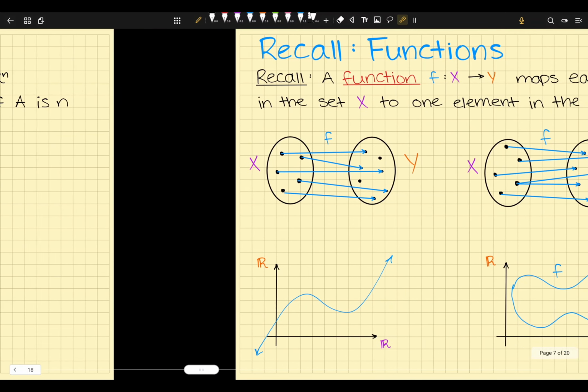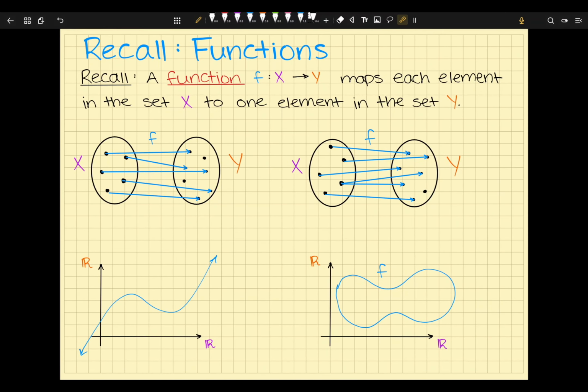Now we're going to discuss invertibility in general, just for any function. And once you know a little bit about this, we're going to talk about invertibility specifically for linear transformations.